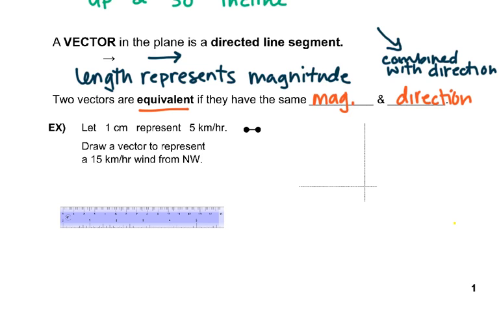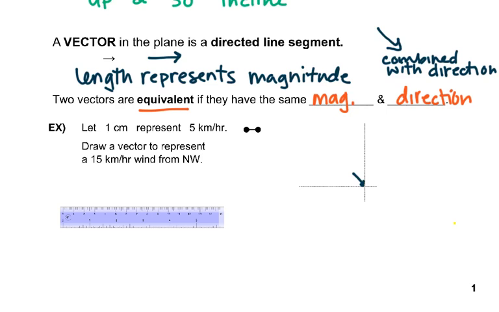So for example, if we let 1 centimeter, this little length here, imagine this is 1 centimeter, and let 1 centimeter represent 5 kilometers per hour. If we wanted to draw a vector to represent 15 kilometers per hour from the northwest, that vector would be coming from the northwest toward the origin. Northwest is going to be at that 45-degree angle. And if this 1 centimeter represents 5 kilometers, then in order to represent 15 kilometers, we would need this to be 3 centimeters long.